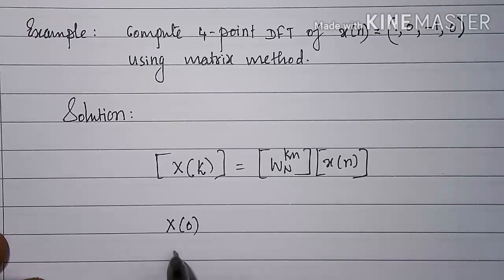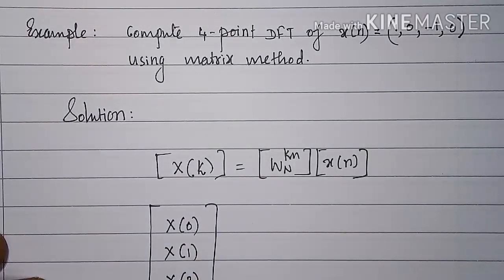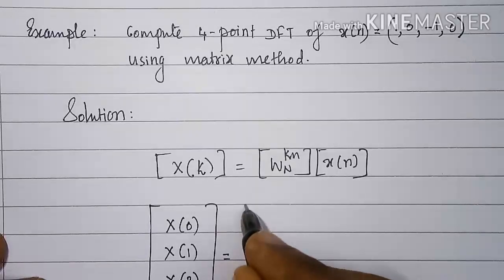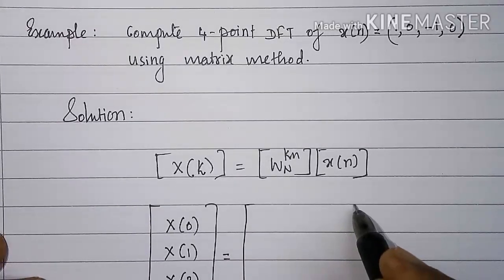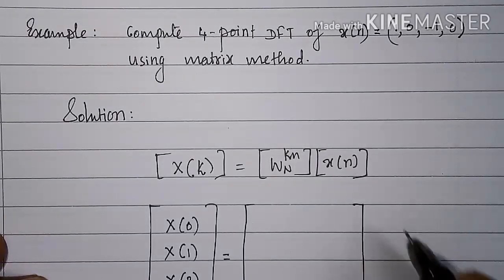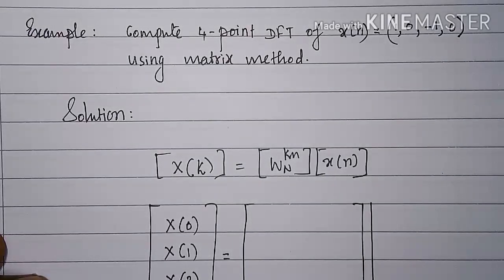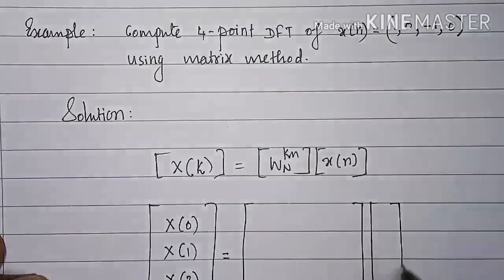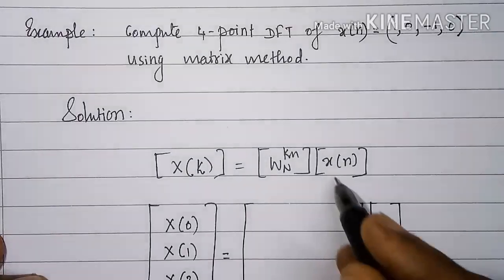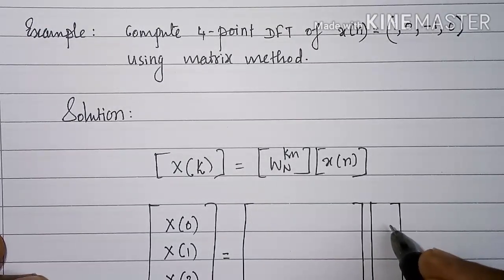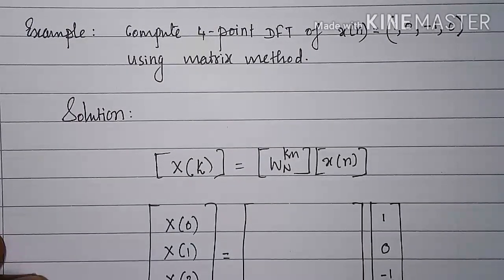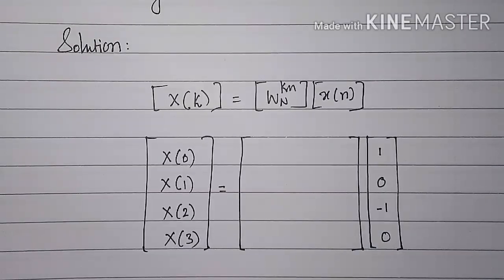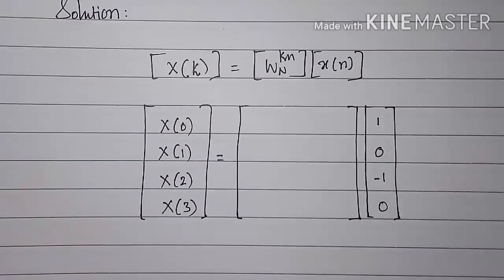So X of 0, X of 1, X of 2, X of 3 is equal to the twiddle factor or transformation matrix, product with the x of n matrix, 1 0 minus 1 0. Please copy down this.